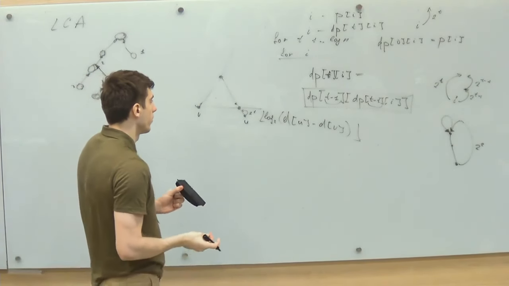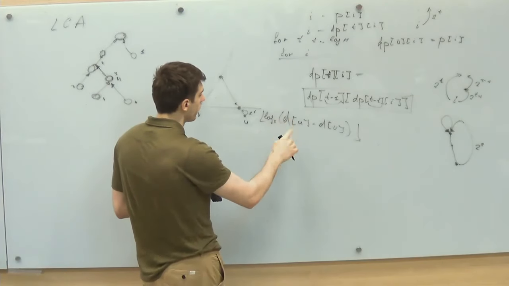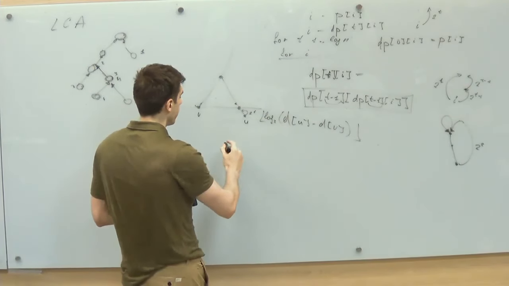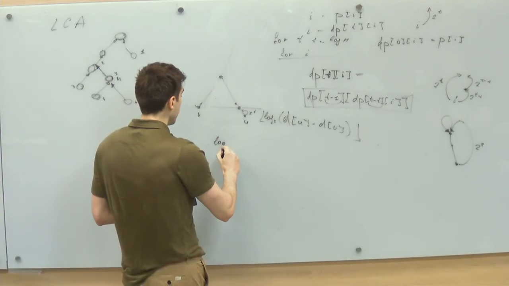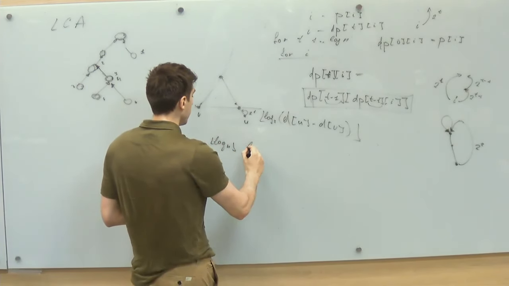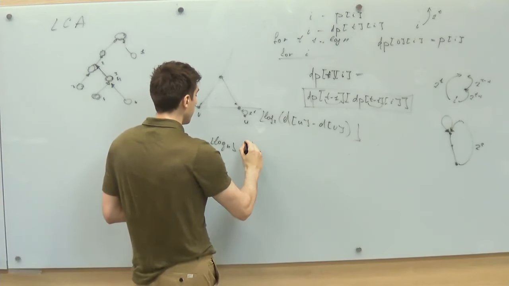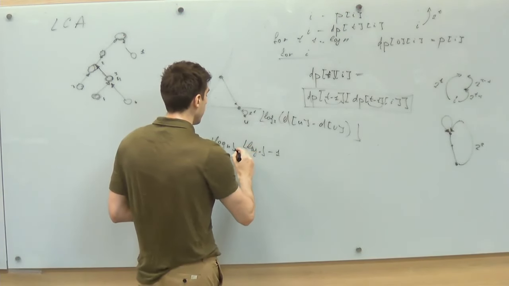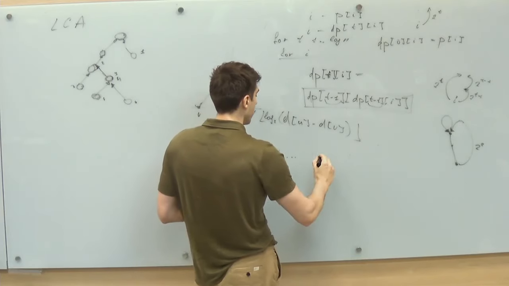And to do this, we don't actually have to calculate the logarithm. We can just try all the t's from the largest to lowest. Take this one, this one, and so on.